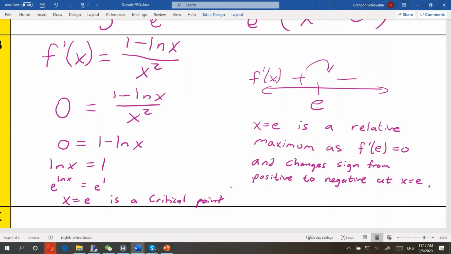Any questions on how we got the critical point or our justification for relative maximum? No. All right, we're good for that one.